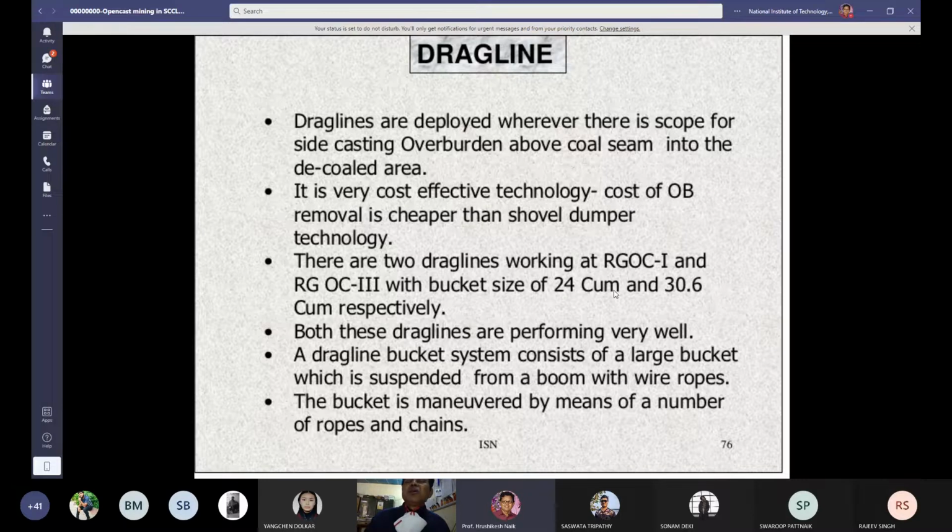The bucket capacity of one dragline is 24 cubic meter, and another dragline is there whose bucket capacity is 30.6 cubic meter, and both of these draglines are performing very well in that mine.